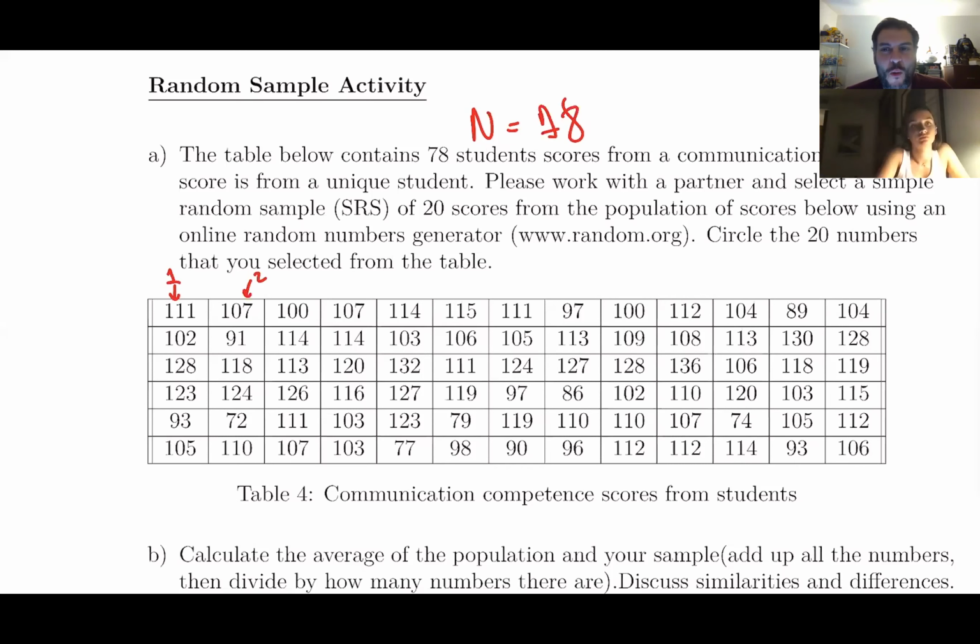So when I randomly select a number from 1 all the way to 78, if that number is 1, that means I randomly choose 111. If that number is 78, I choose number 78. I'm going to show you how to do that on the TI-84. Everybody good on what we're doing right now?